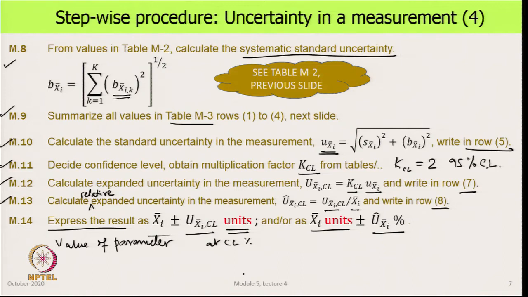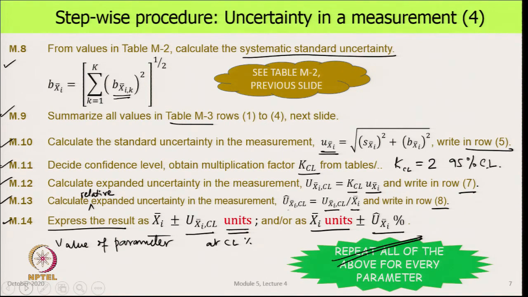So, either of these we can use for reporting our answer. With that we complete the process for one measurand. Like this, we repeat this whole thing for every parameter in the experiment. If you have 3 parameters, we do this whole exercise for the next parameter and then for the last parameter. So, if you just follow those tables, everything gets summarized, and we can then follow these steps and get the answer.